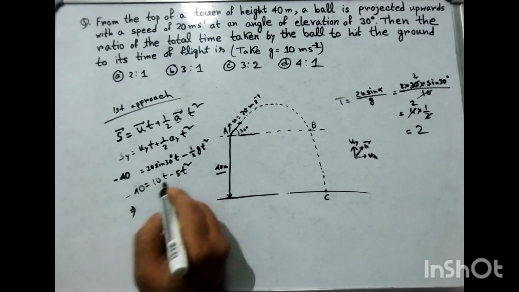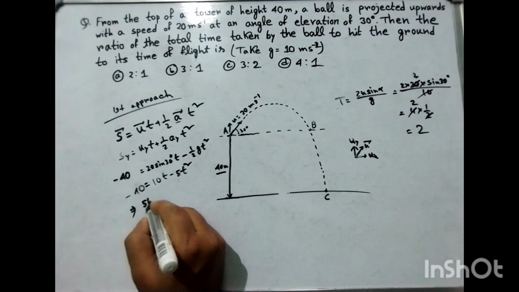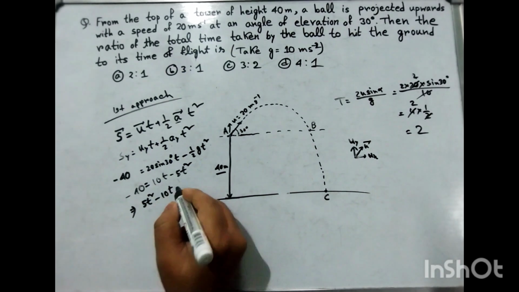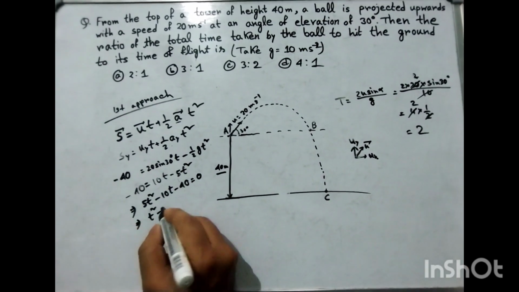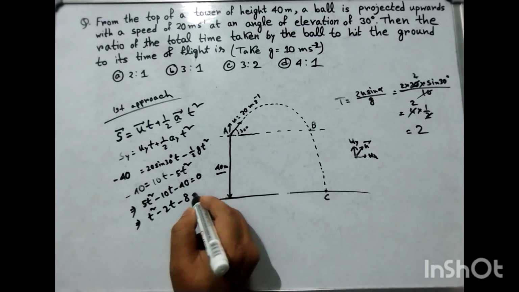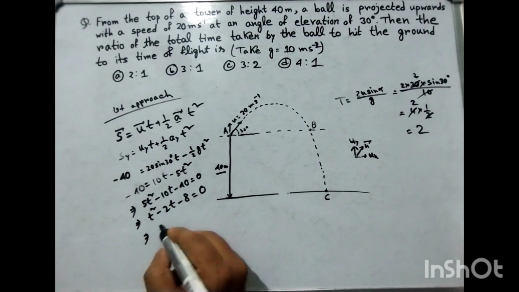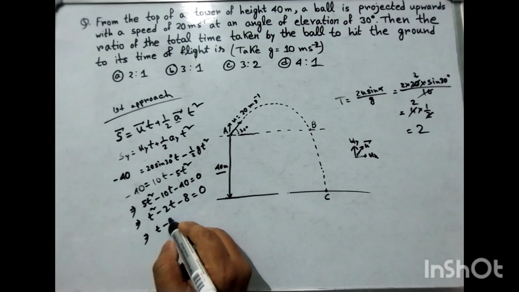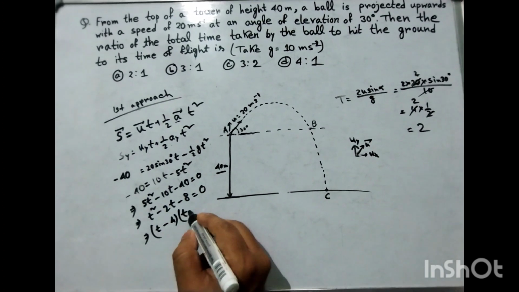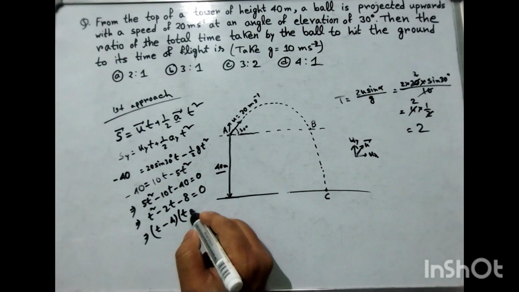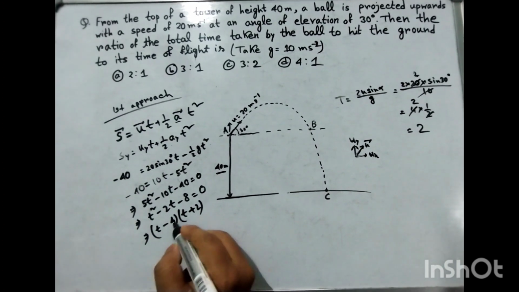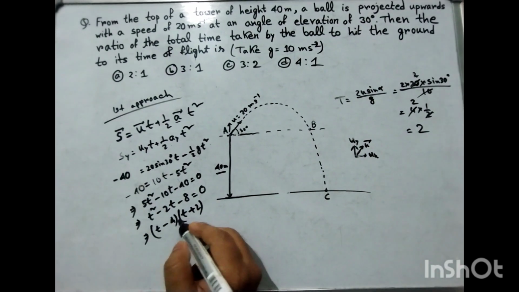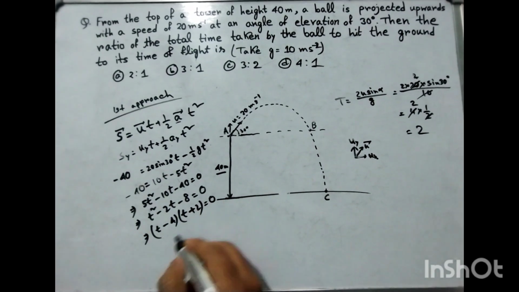Now you can rewrite it as 5t square minus 10t minus 40 equal to 0, that means t square minus 2t minus 8 equal to 0, that is t minus 4 into t plus 2, since t square minus 4t plus 2t is minus 2t, and minus 8 equal to 0.